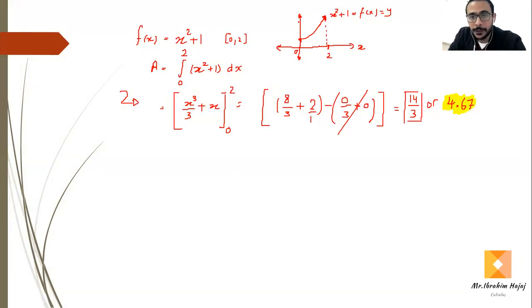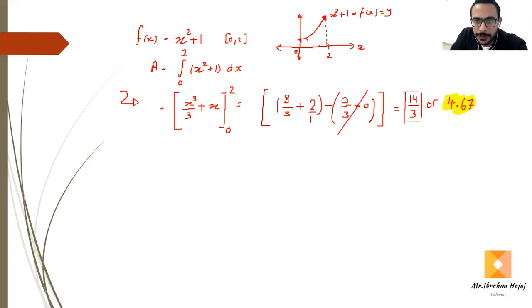To approximate the area, we have to divide the area under this curve into small and smaller rectangles.